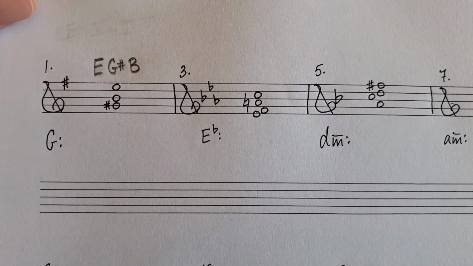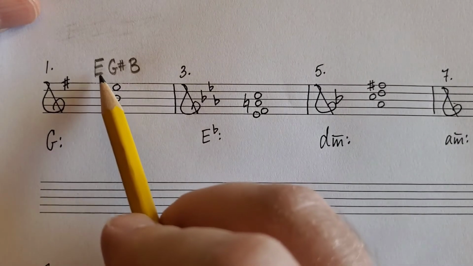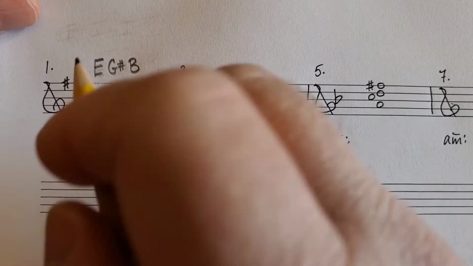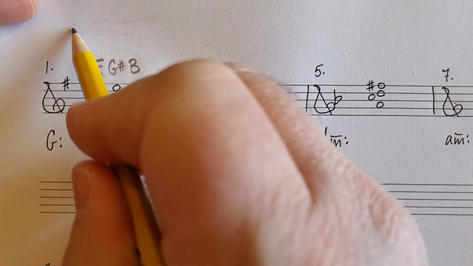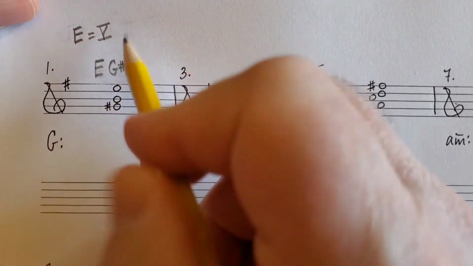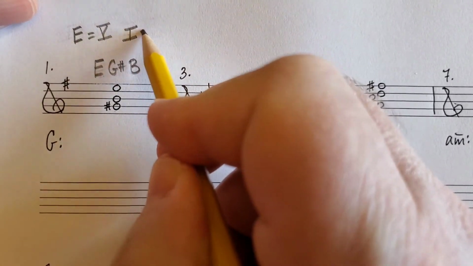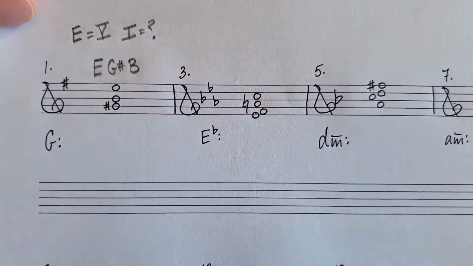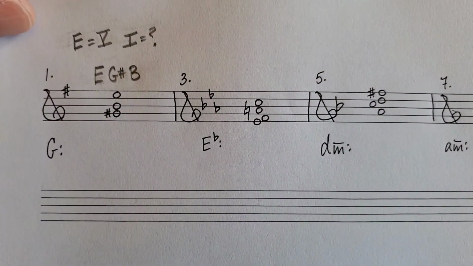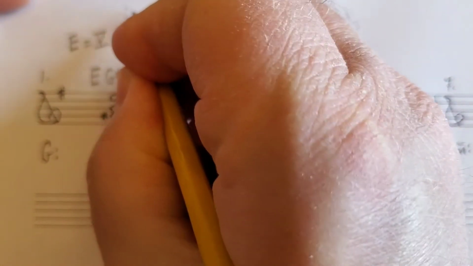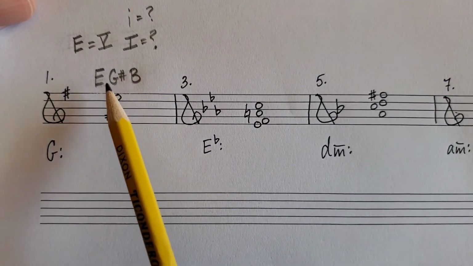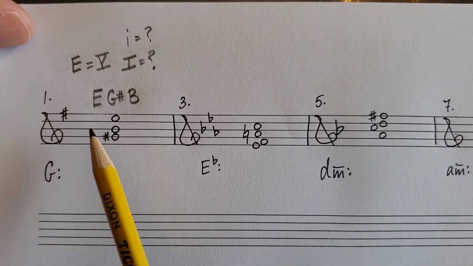Now the next thing you want to ask yourself is, where is this chord 5? Okay, so if this is 5, if you're thinking E major is 5, then you're going to ask yourself, what's 1? Now remember, 1 could either be major or minor actually. So it could be, we don't know yet until we know where this is the dominant.